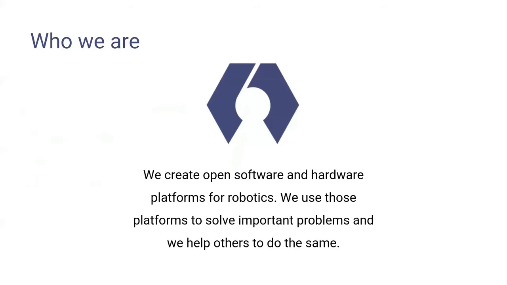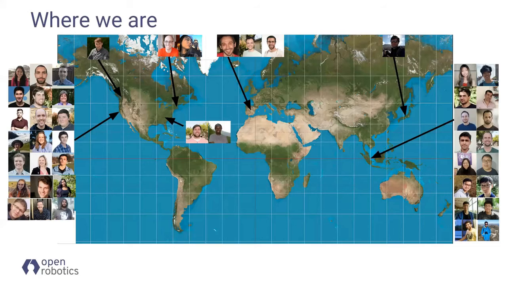A little bit about Open Robotics. We always like to go through this motto. We create open software and hardware platforms for robotics, and we use those platforms to solve important problems and help others do the same, right? And as I said, the Open Robotics main team is in California, and that's where it all started.